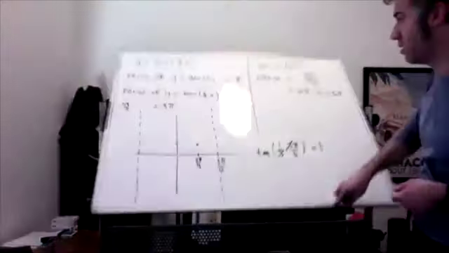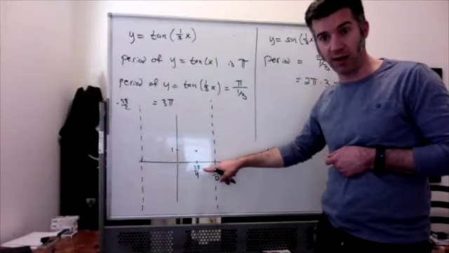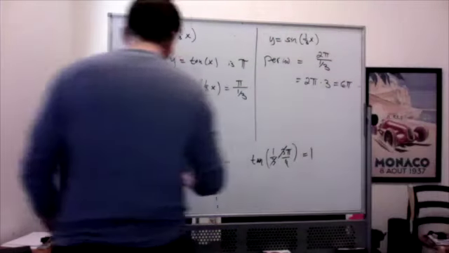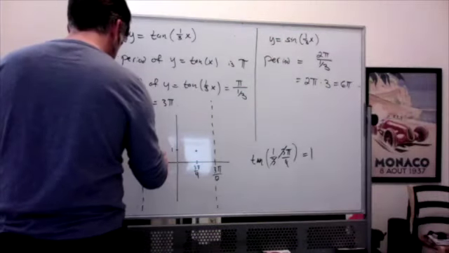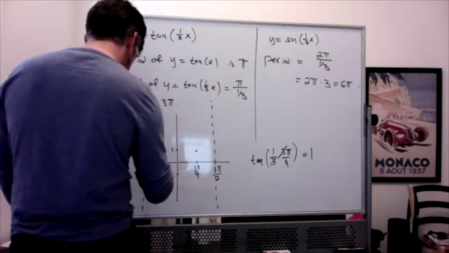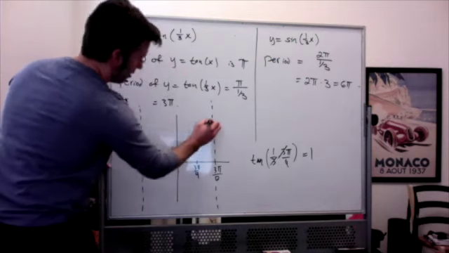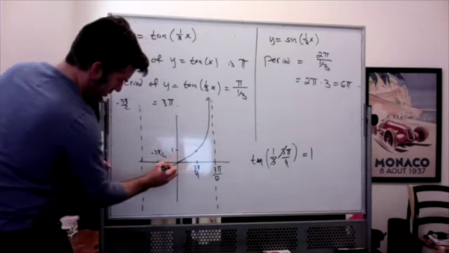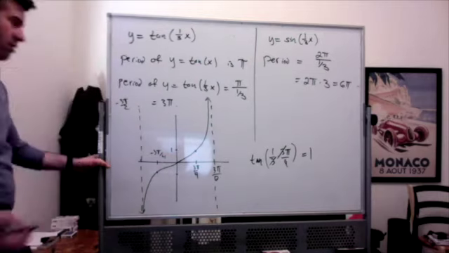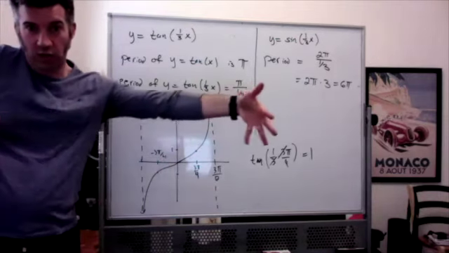So the same y value of 1 is now occurring 3 times as far away for the x coordinate. And the same kind of thing is true for the other side. At negative 3 pi over 4, I'm going to get a value of negative 1. So here's my tangent graph now, or one period of my tangent graph. It's just been stretched out horizontally.